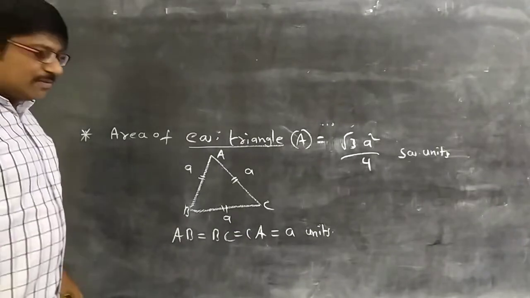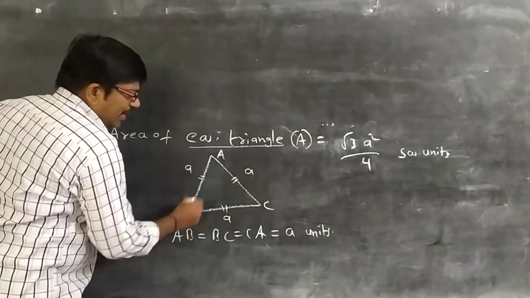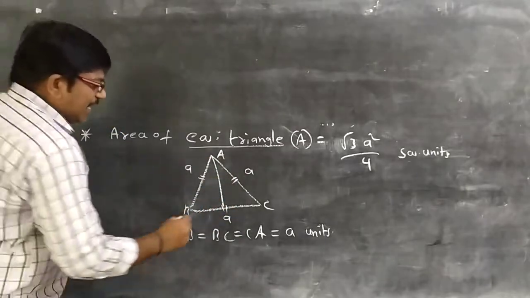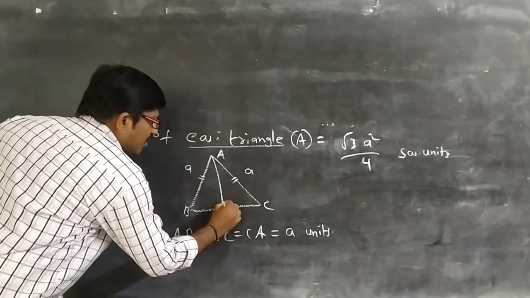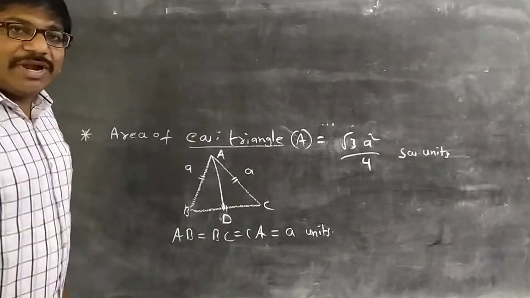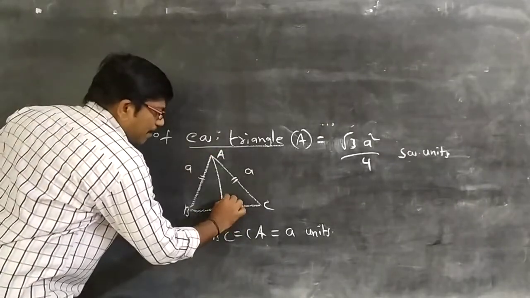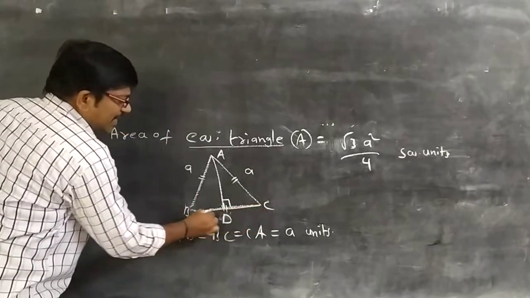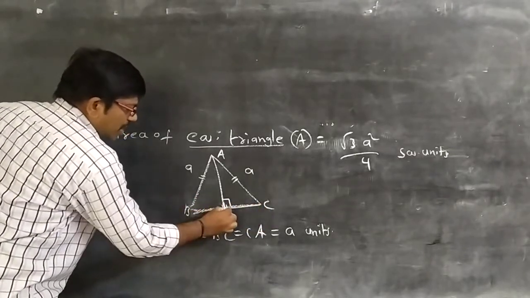Observe carefully. In equilateral triangle ABC, if we draw a median like this, AD is the median. In an equilateral triangle, the median is perpendicular to the base, right? Suppose the side BC is A units, then what about BD?